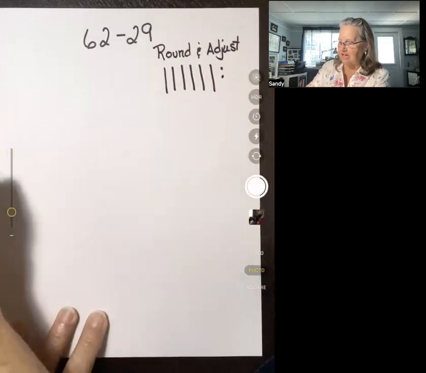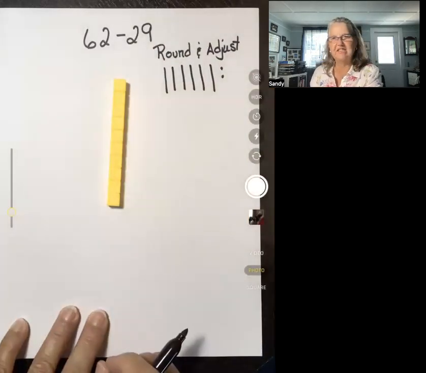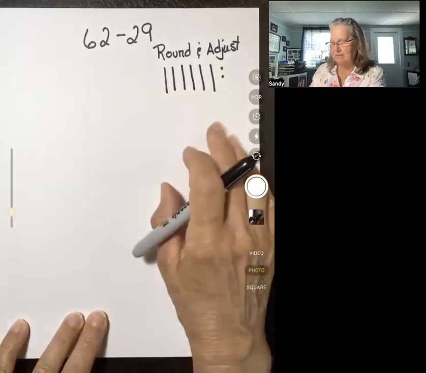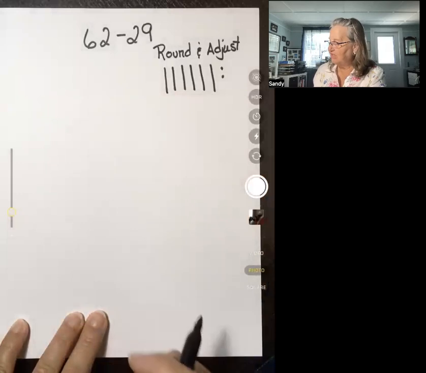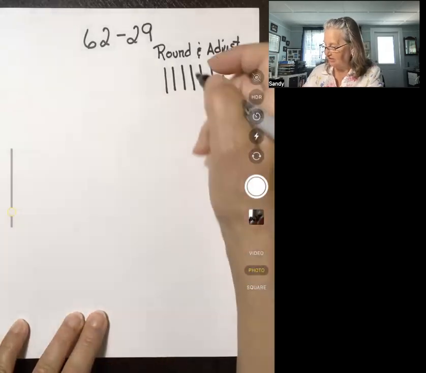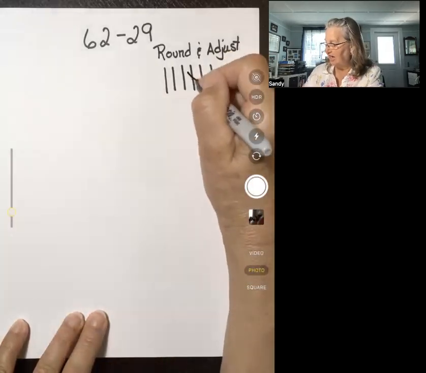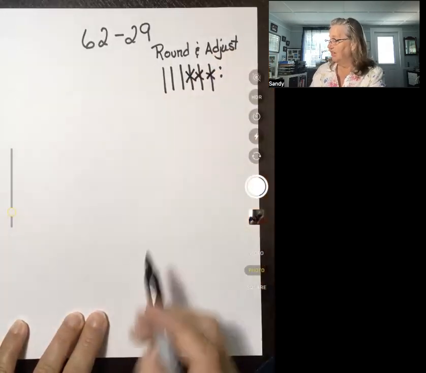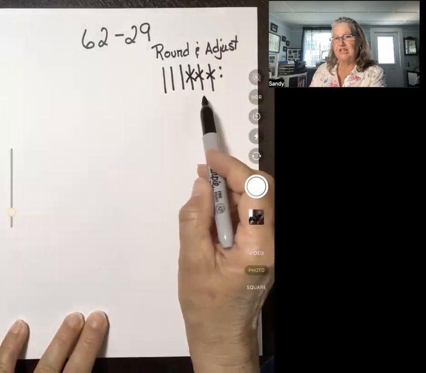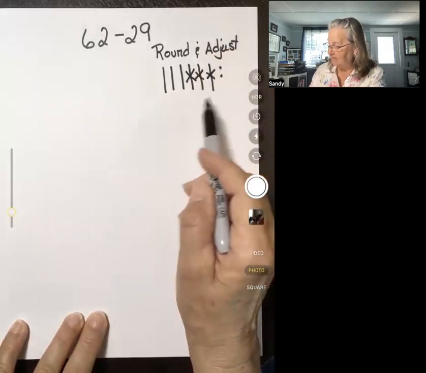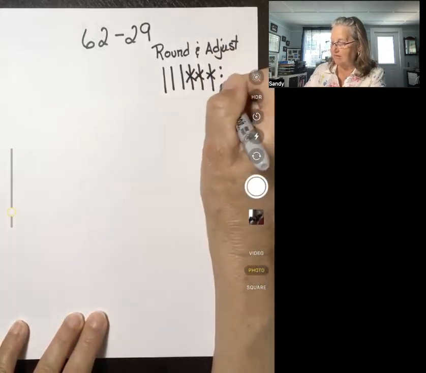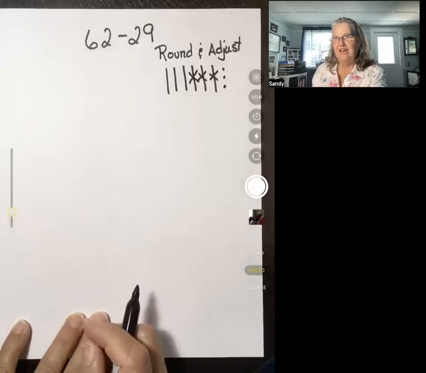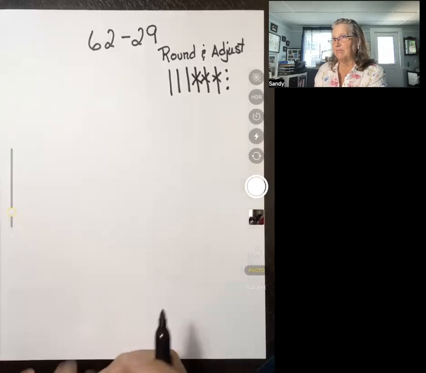I could draw all these squares, but that's not very efficient, so I'm just going to use this as my model. With round and adjust, I cross out 30, I remove 3 tens. It doesn't matter which of the tens I cross out here. I'm just removing 3 tens and giving 1 back.